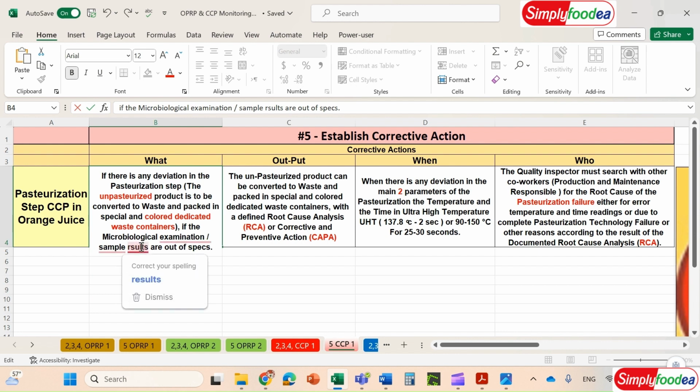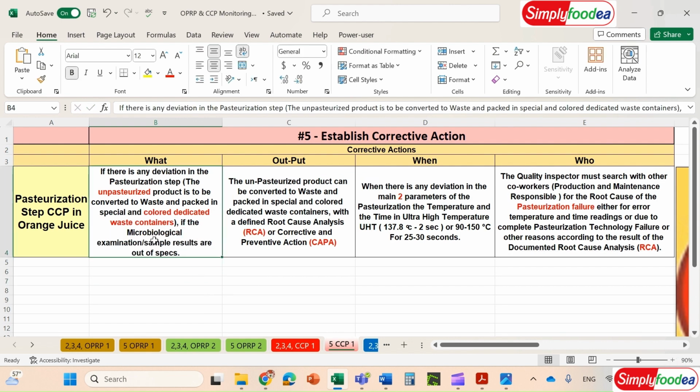So here is the deviation I have mentioned either in the pasteurization process or in the output of the pasteurization, which is clean product. Now I'm mentioning there is no clean product, so I'm defining and establishing corrective action. Thank you so much, and I hope I can explain as I can the establishing of the corrective action.